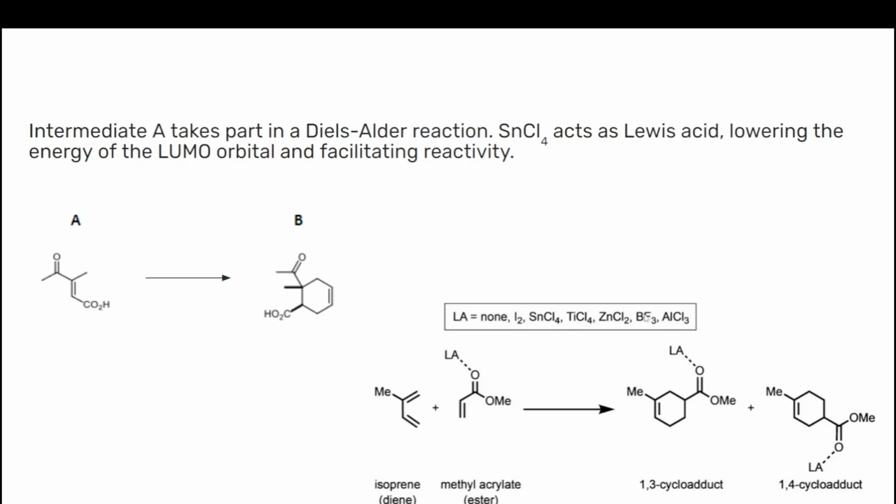For BF3 you should understand how it works, because BF3 is a planar molecule with an empty orbital, and it will definitely be an acid. The same applies to aluminium chloride. But SnCl4 doesn't seem to be a Lewis acid.